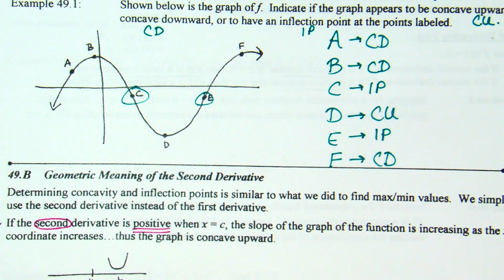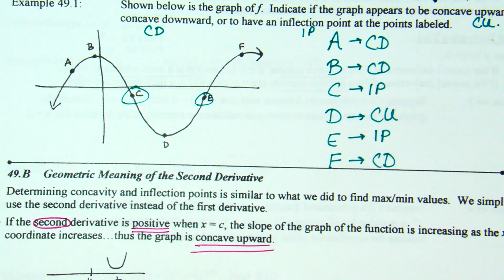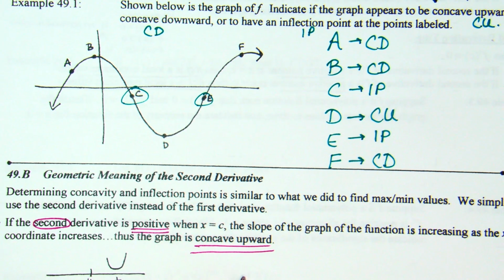Thus, the graph is concave upward. When the second derivative is positive, your graph is concave upward.